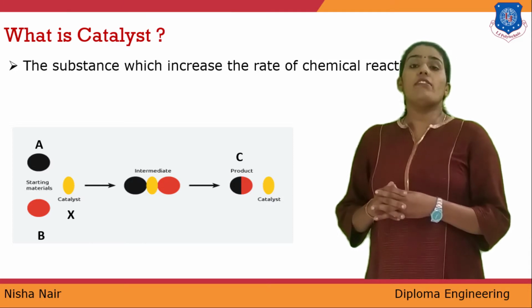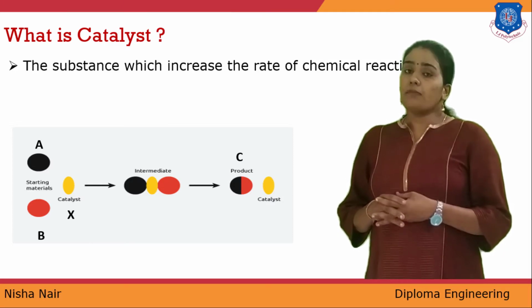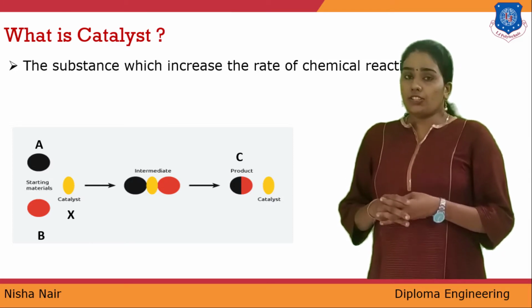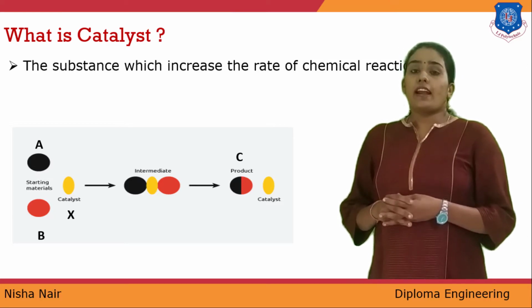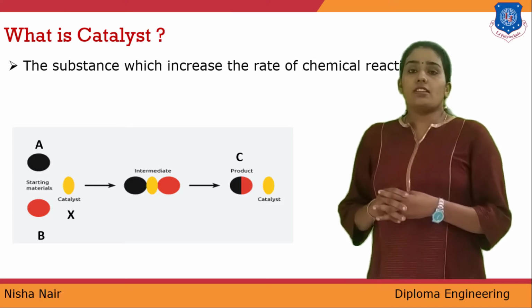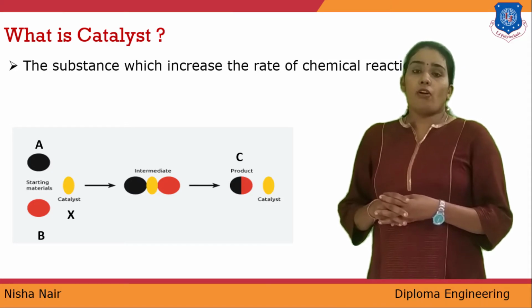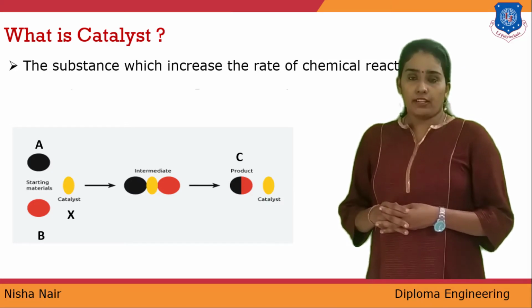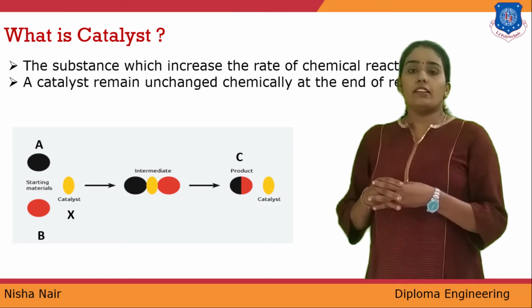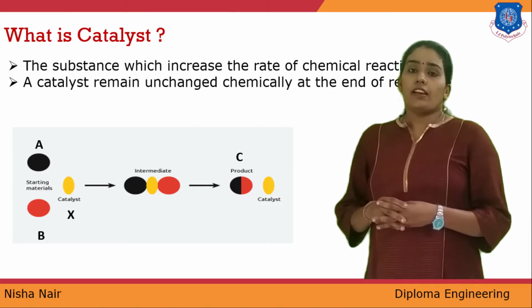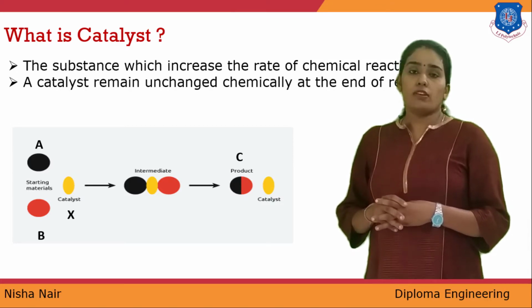Now, whenever we use a catalyst, there are some conditions. The catalyst should not change its state or phase during the reaction or after the reaction is completed. Meaning if it is added in solid form, after the reaction it should be recovered in the form of solid.